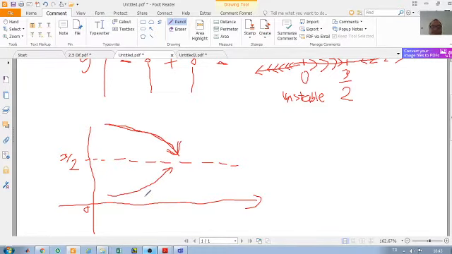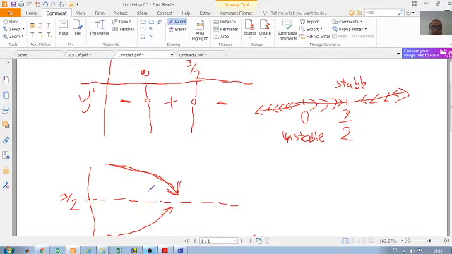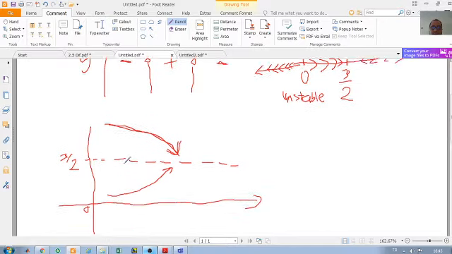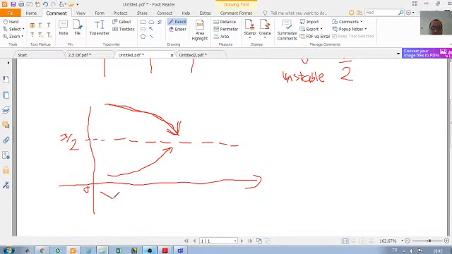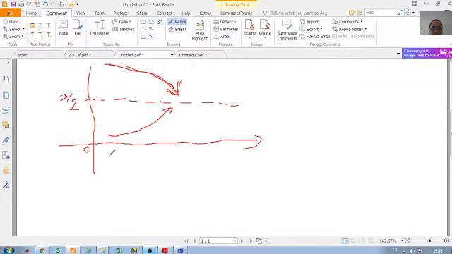Okay, and for all values of y less than 0 we have negative slopes, therefore to get negative slopes for tangent lines, if you remember, the directions will be in this form.